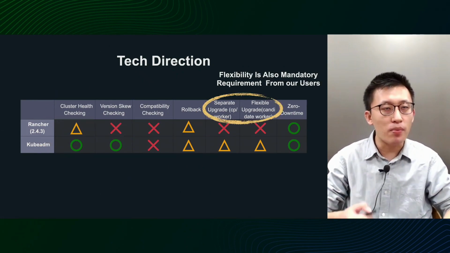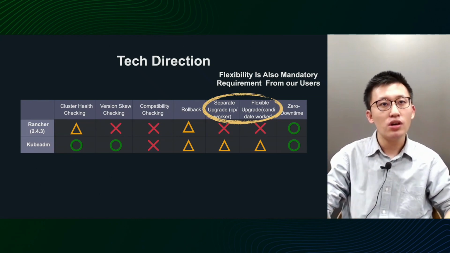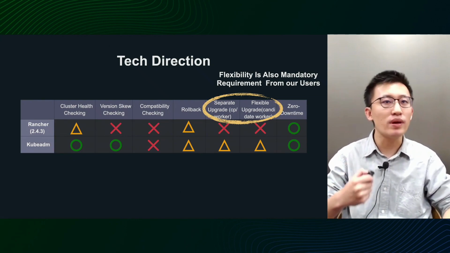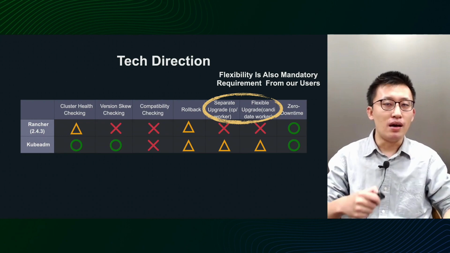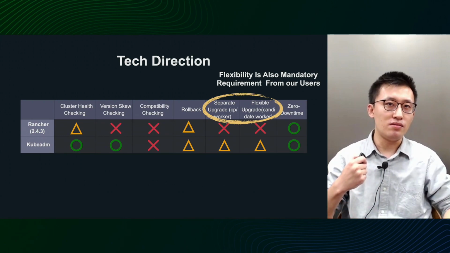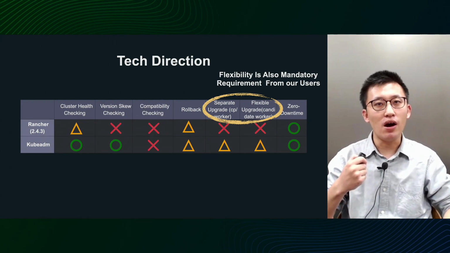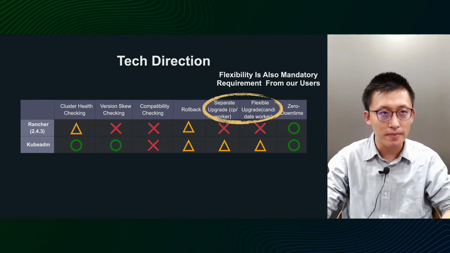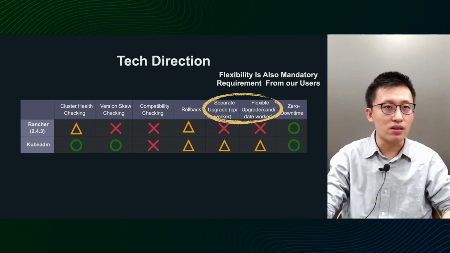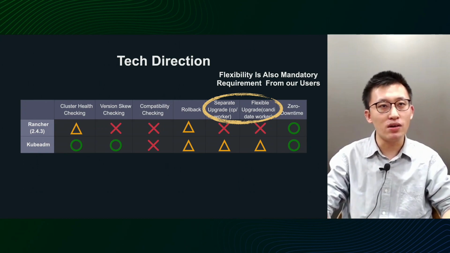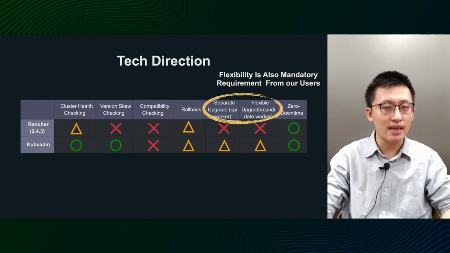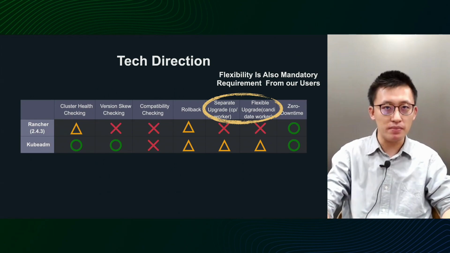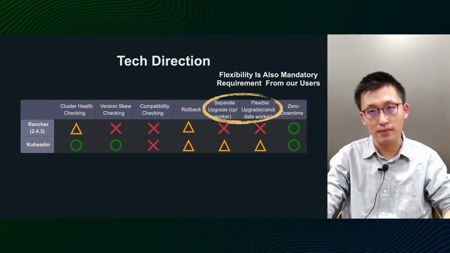For the flexible cluster upgrade solution, Rancher doesn't do well, honestly. But Kubeadm also has some issues in choosing the upgradable worker side. It seems like no single open source software can satisfy all of our requirements for the cluster upgrade solution.